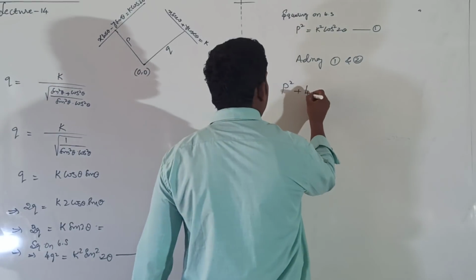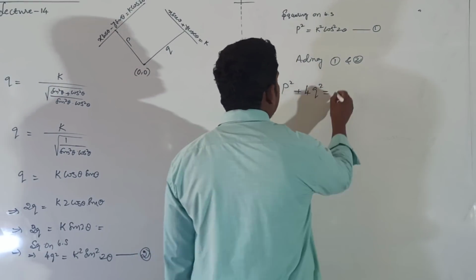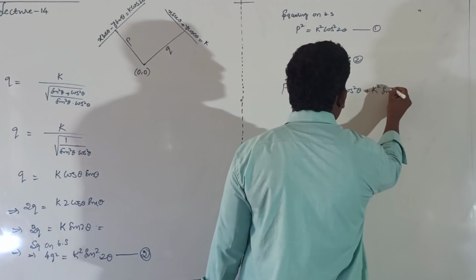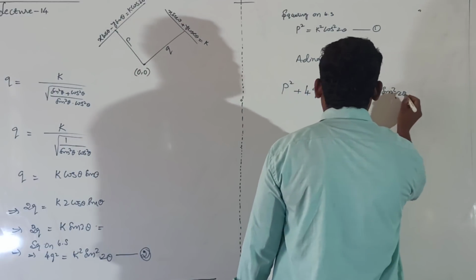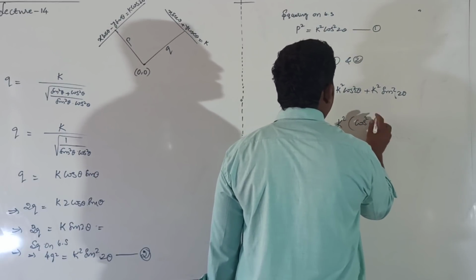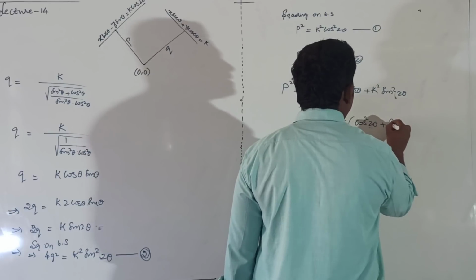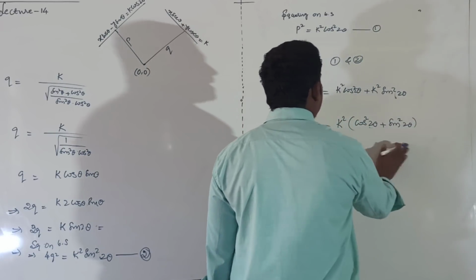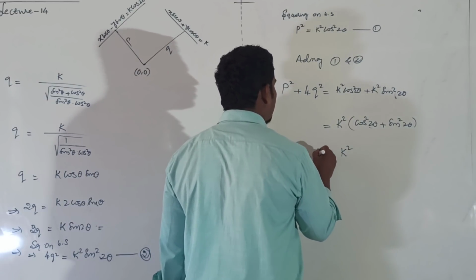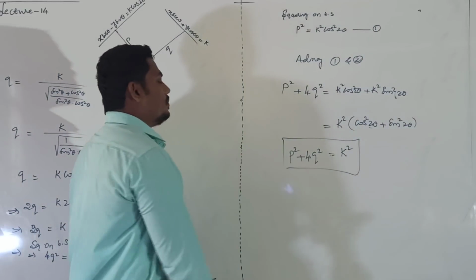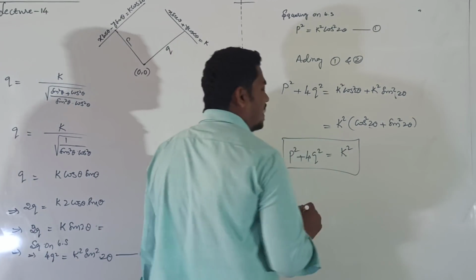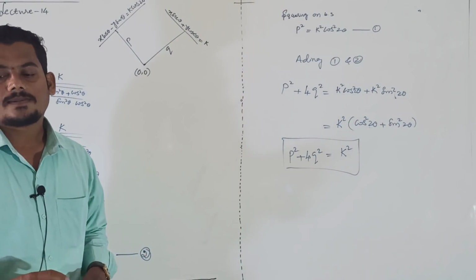P square plus 4Q square, that's equal to RHS side K square cos square 2 theta plus K square sin square 2 theta, that's equal to K square taking common, cos square 2 theta plus sin square 2 theta. Sin square plus cos square is 1, so we get K square. This is our required proof. P square plus 4Q square is equal to K square. This is our required proof. It is one of the very important 5 mark questions, right? Thank you.